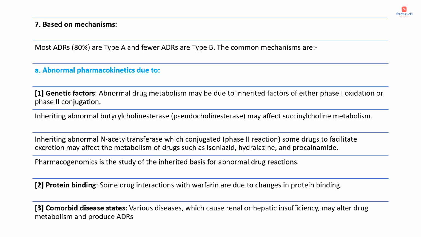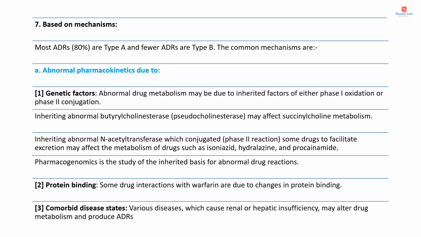Then based on the mechanisms, most of them, that is 80%, are type A and fewer are type B. The common mechanisms are abnormal pharmacokinetics. Pharmacokinetics involves absorption, distribution, metabolism and elimination. So abnormal pharmacokinetics due to genetic factors. Abnormal drug metabolism may be due to inherited factors of either phase 1 oxidation or phase 2 conjugation.